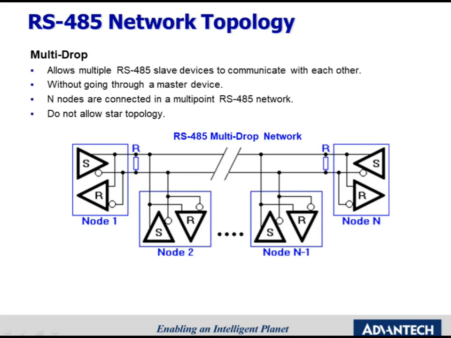Here is the RS-485 network topology. The advantage of using RS-485 is that this interface allows multiple slave devices connect to a controller. As you can see in the picture, there are many slave devices connected to the same RS-485 network.